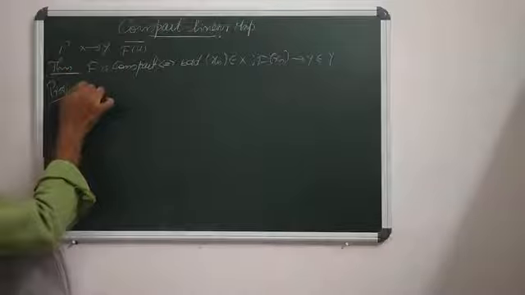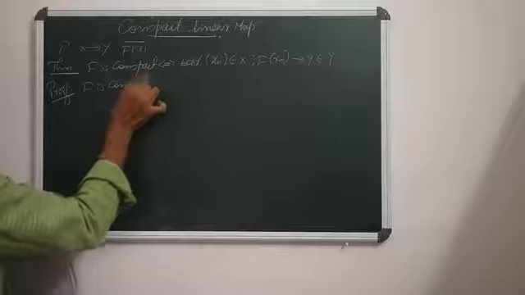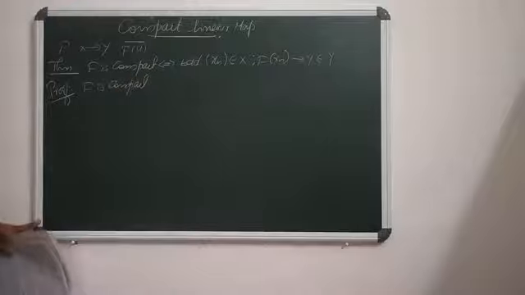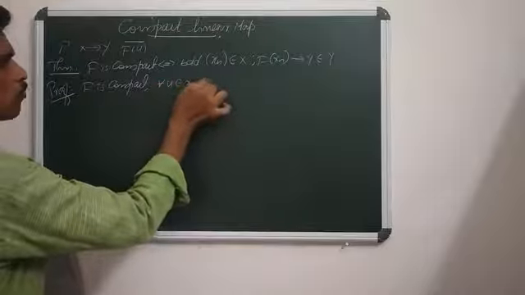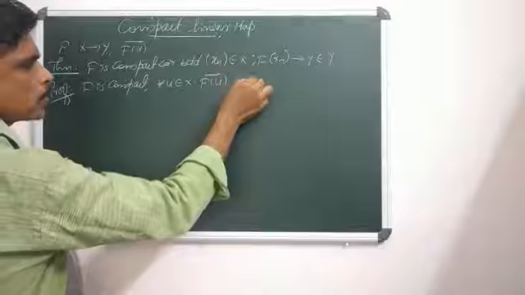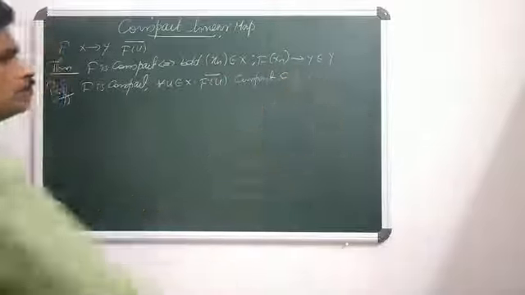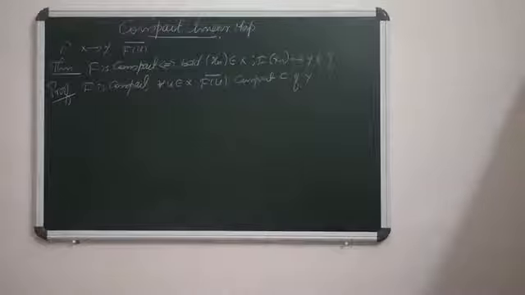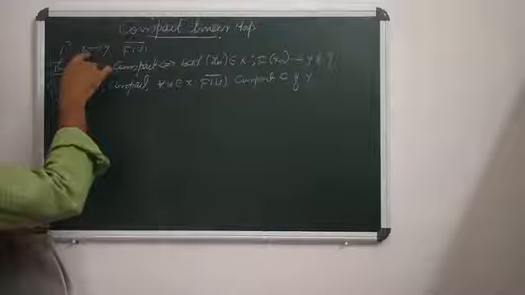First, suppose that f is compact. Then by the definition of compact mapping, f is compact means for all U in X, f of U closure is a compact subset of Y. What is U?